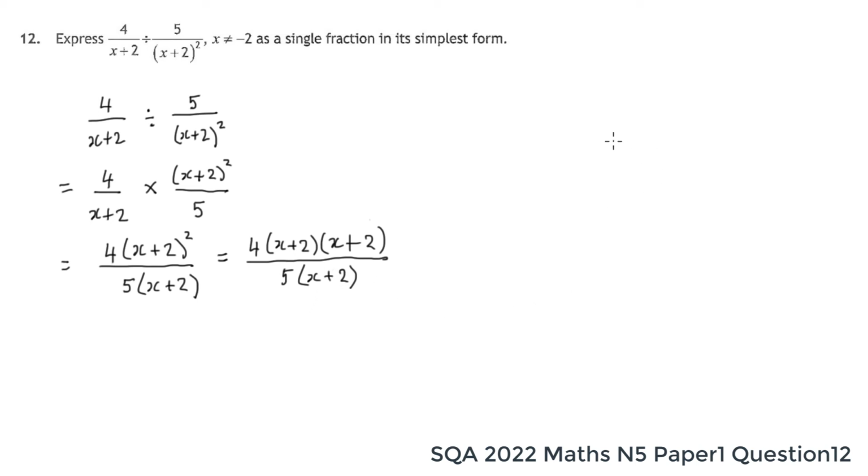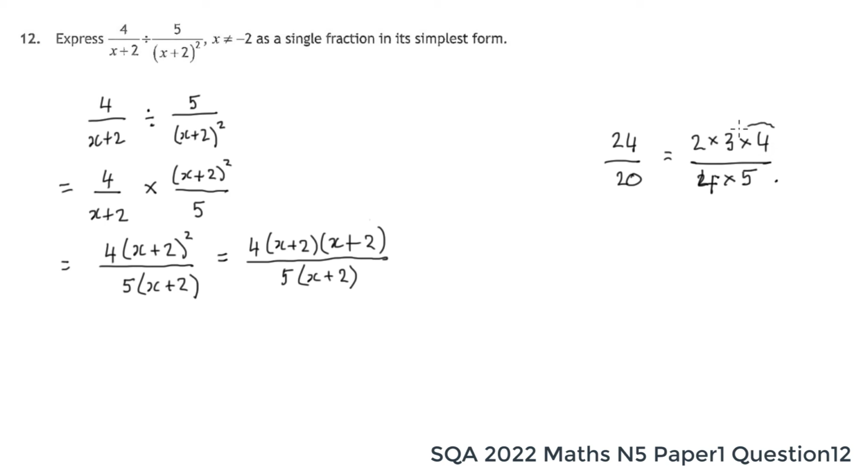For instance, if we had 24 over 20, we can write the top as 2 times 3 times 4. And we can write the bottom number as 5 times 4.